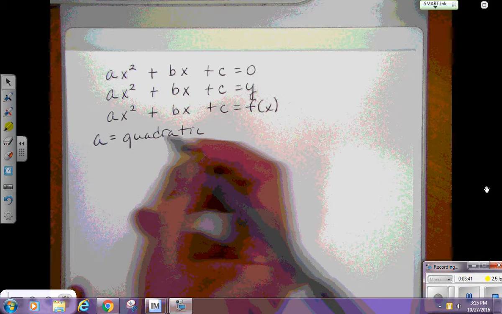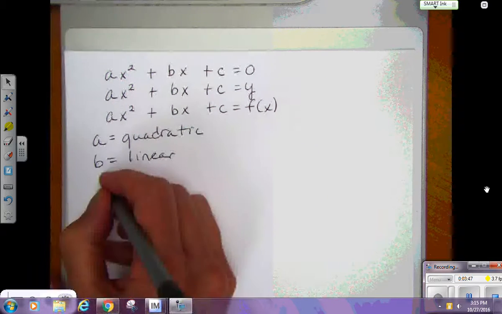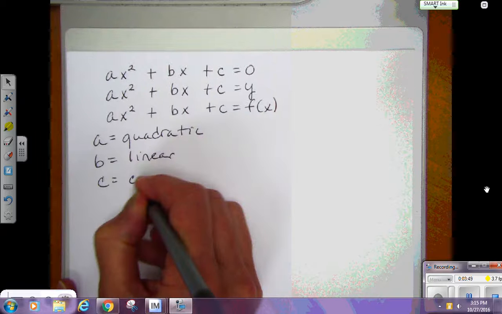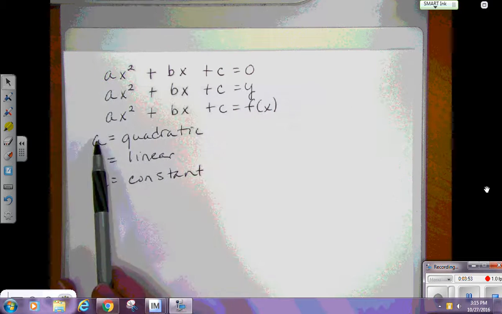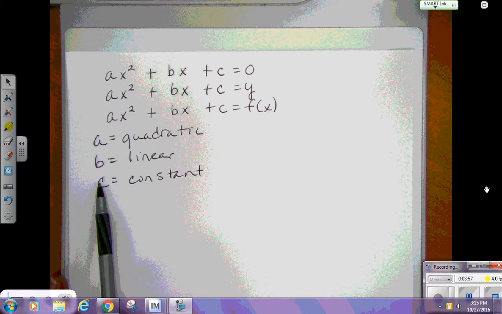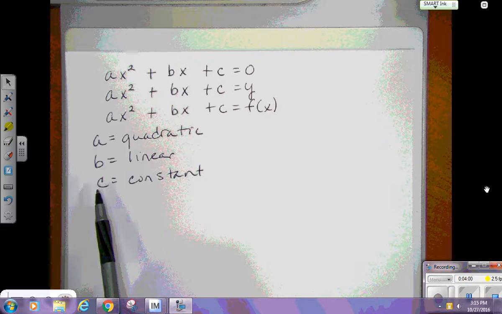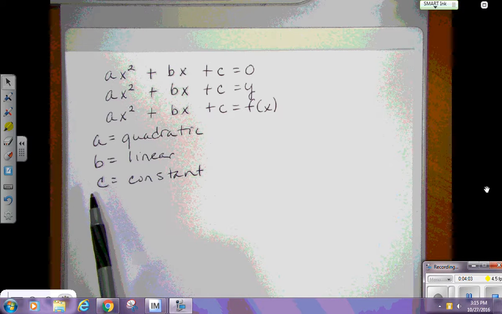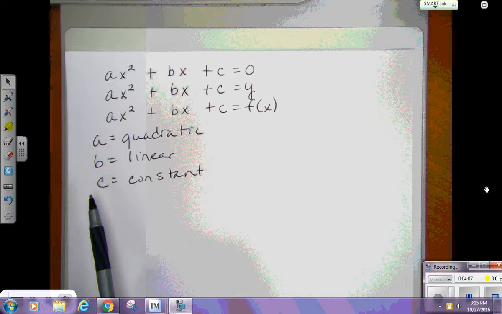B is the linear coefficient, and C is the constant. And your numbers that are representing A, B, and C that you're going to have in a regular equation are what you substitute into the formulas we went over to find your vertex and your axis of symmetry. So let's go over those real quick.